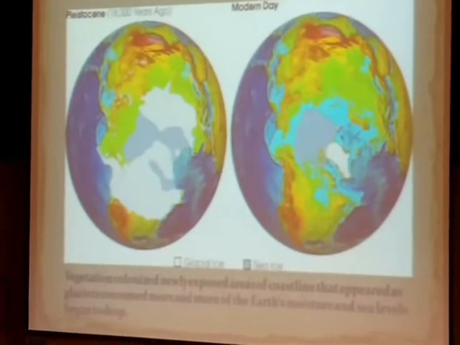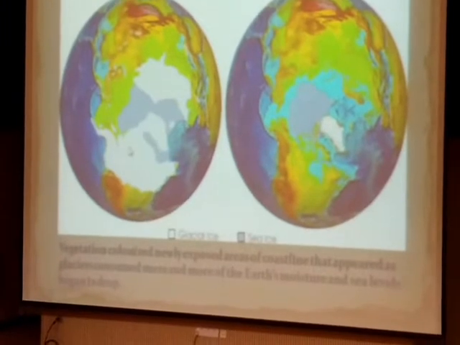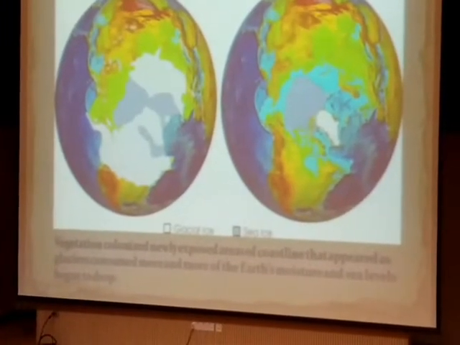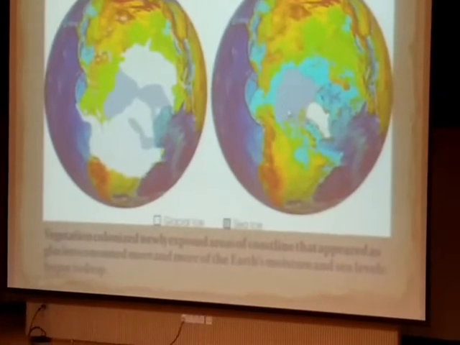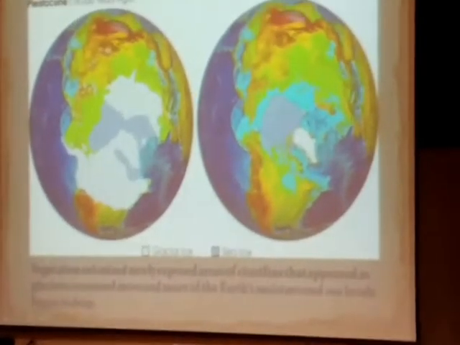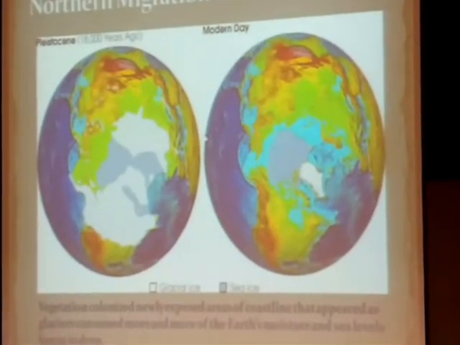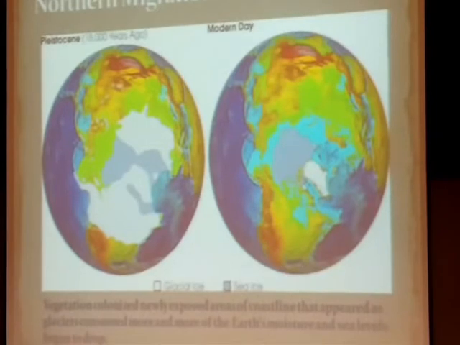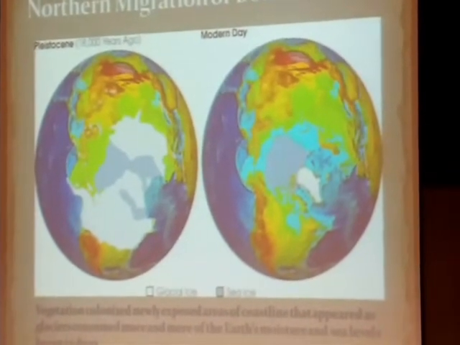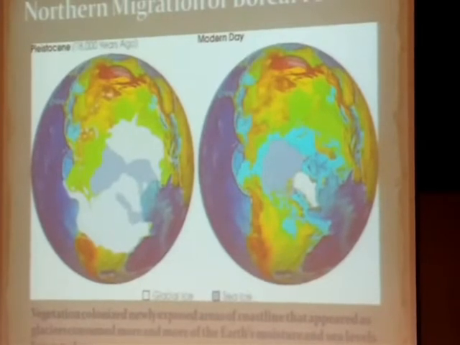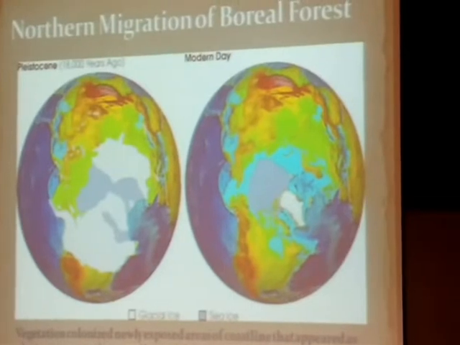You can see a very big ice cover in the polar region, and in the modern day only a small part is covered by ice. And then you can see here the boreal forest and also temperate forest keep coming to the polar region.